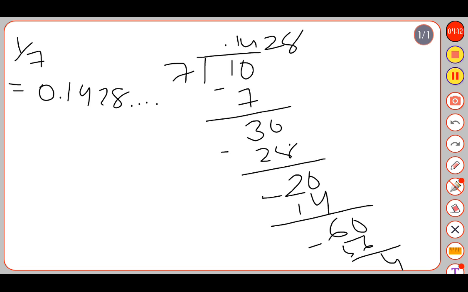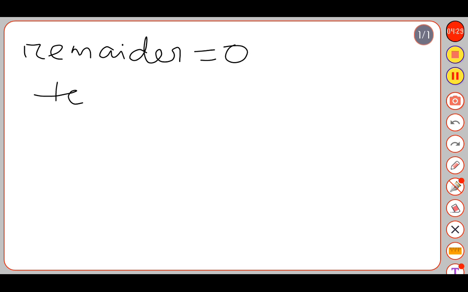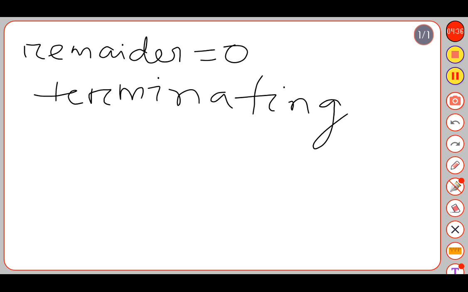So if the remainder becomes 0 after some steps, then we can call it a terminating number or terminating decimal expansion. But if the remainder never becomes 0, then we can call it non-terminating.